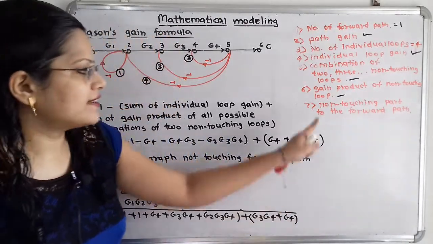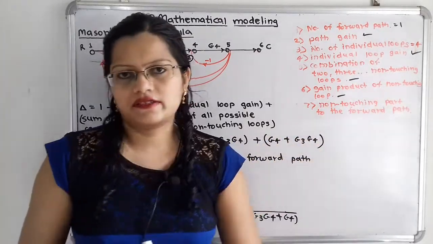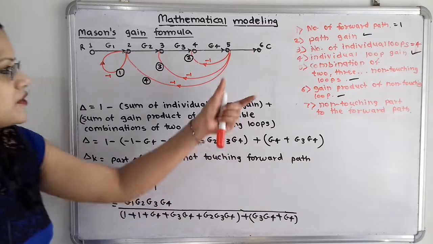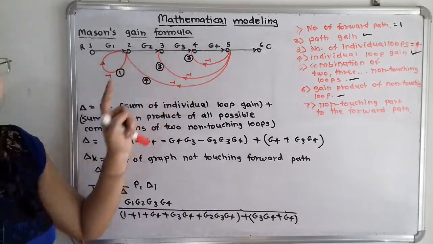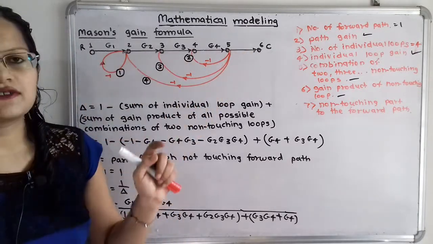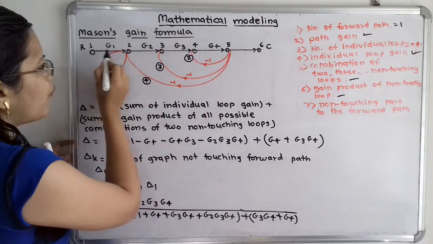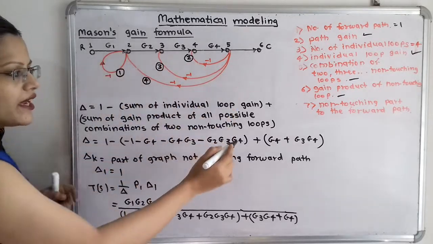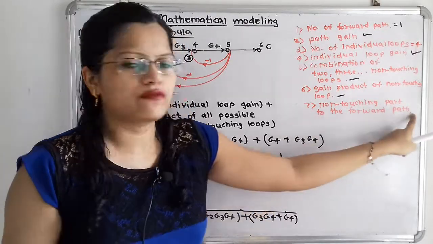Now the last point, the non-touching loops to the forward path. If we observe this given question, there is no non-touching loop to the forward path. Every loop is touching the forward path.